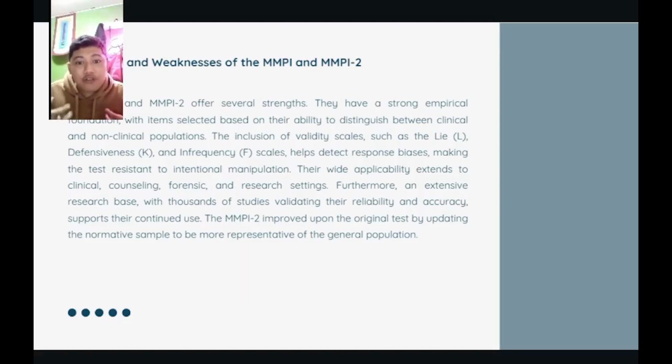The inclusion of validity scales such as the lie or L, the defensiveness or K, and the infrequency or F helps detect response biases, making the test resistant to intentional manipulation. Their wide applicability extends to clinical counseling, with thousands of studies validating their reliability and accuracy. Supporting their continued use, the MMPI-2 improved upon the original test by updating the normative sample to be more representative of the general population.